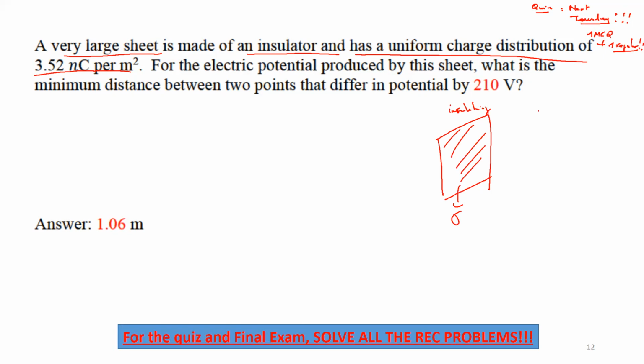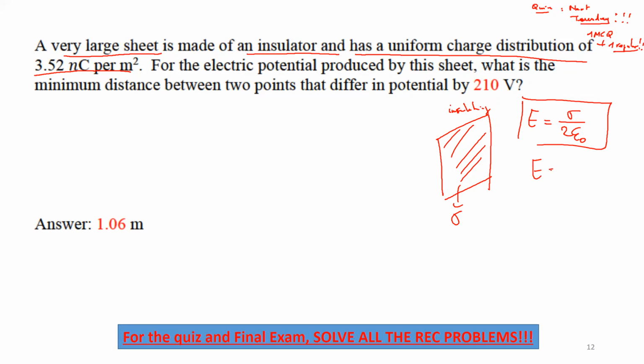So what is the electric field created by an insulating sheet? If it's an insulating sheet, electric field is just sigma divided by 2 epsilon naught. If it was a metallic sheet, it would be sigma divided by epsilon naught. You remember that? Okay, so that means we can calculate the electric field.